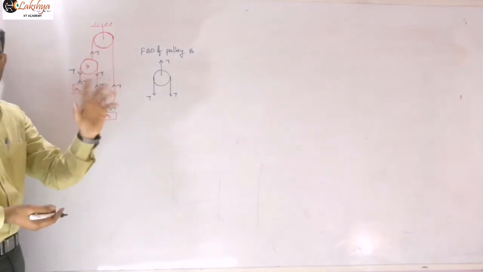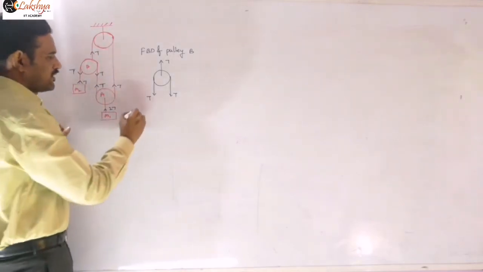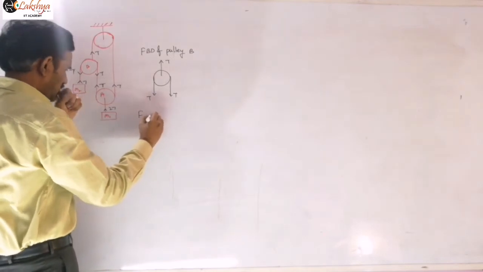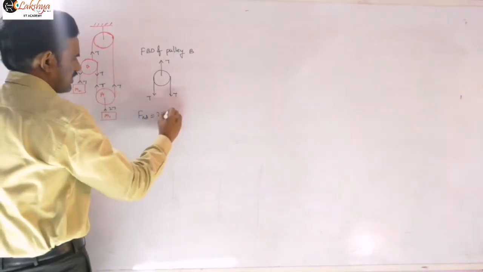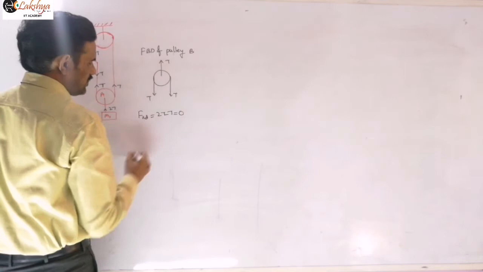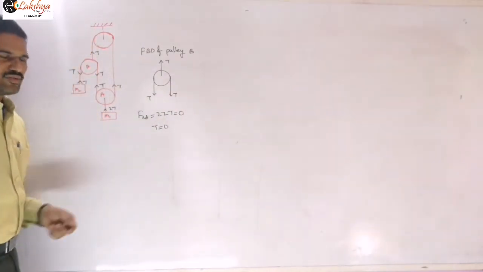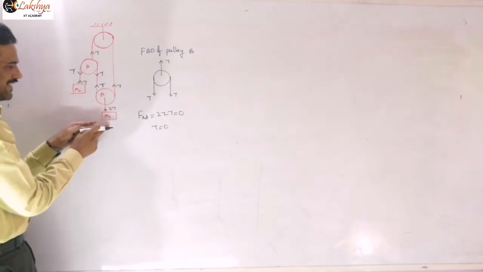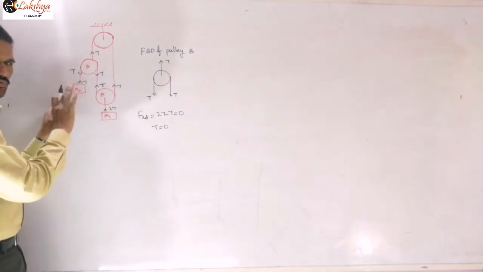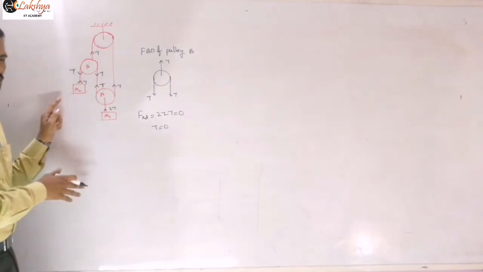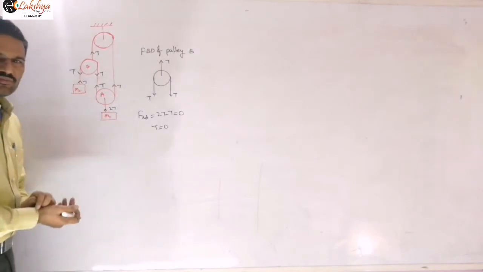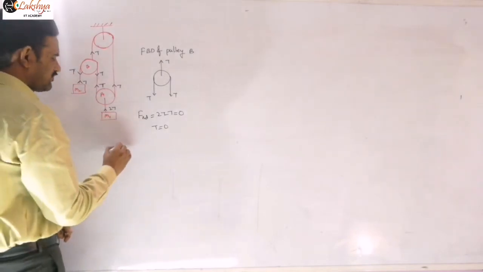So in the same string tension must be same at any point. And so therefore the net force 2T minus T is equal to 0 and so T is equal to 0. So tension is 0. So when tension is 0 on either this block or this block, the only force is the gravitational force. So acceleration of both the blocks will be equal to g downwards only.